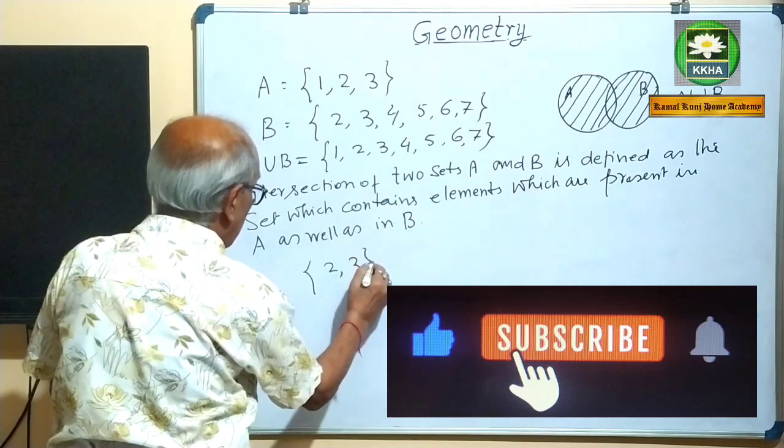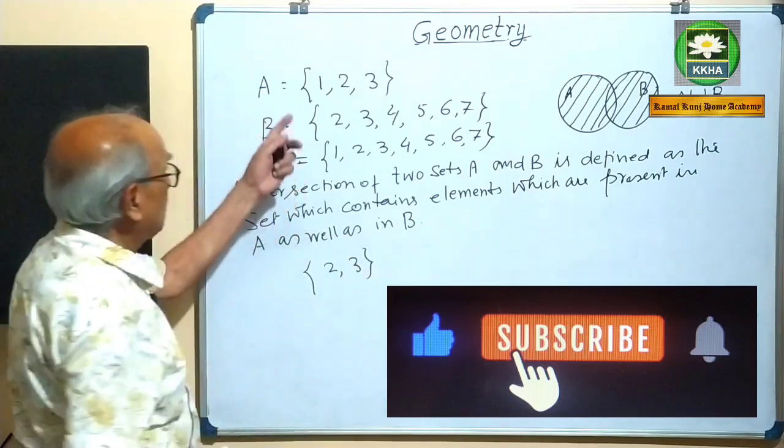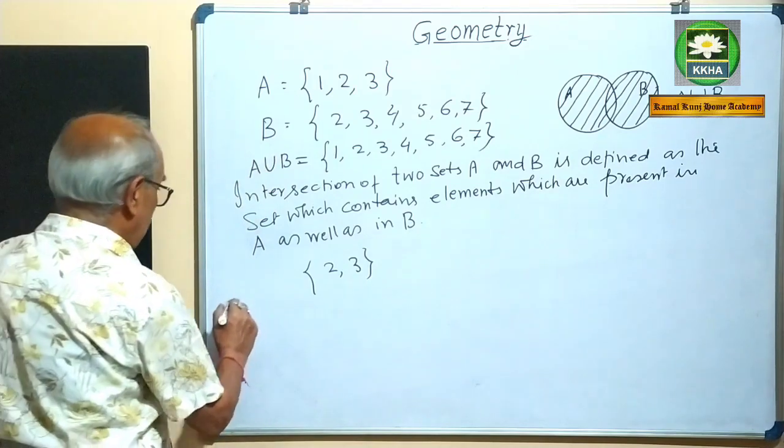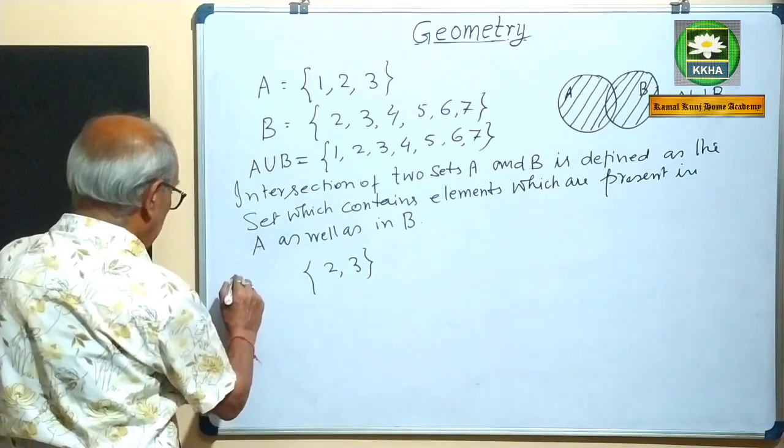These two elements are present in both A as well as in B. So this will be intersection of A and B.